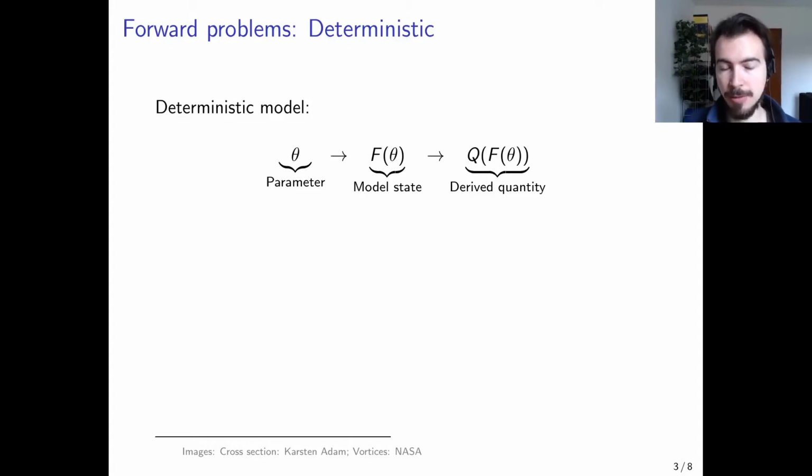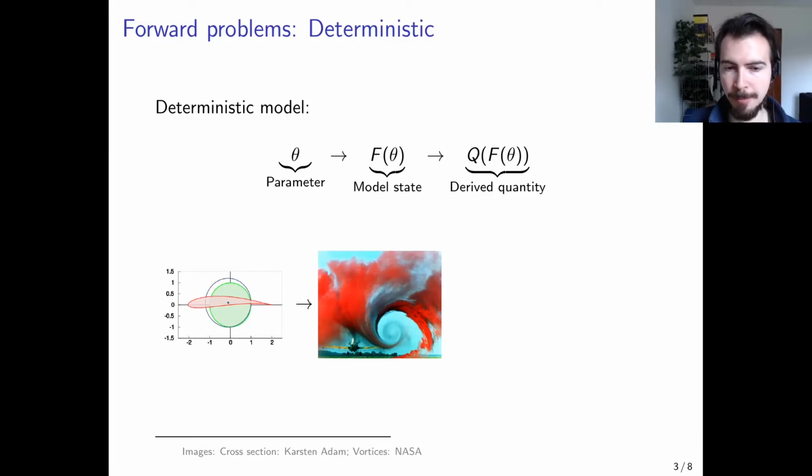So here we have a look at going from parameters to some model state to some derived quantities. And what that means in practice would be something like you might have a parameterization of maybe a wing structure for an aircraft. Your model state might be a simulation result, including all vortices of maybe some kind of a Stokes flow equation or something, possibly coupled with the airframe itself, so potentially something quite heavy.